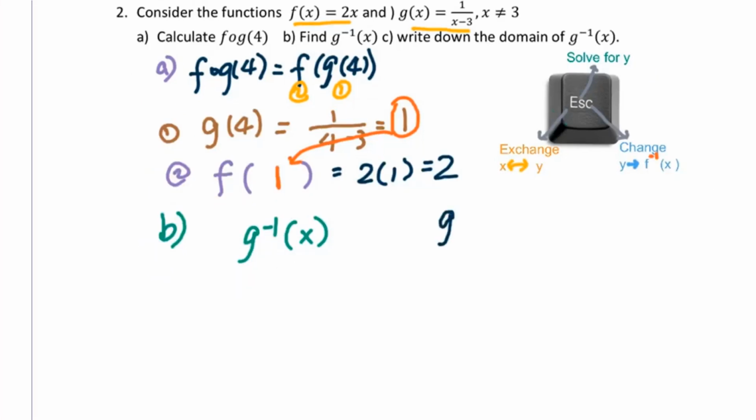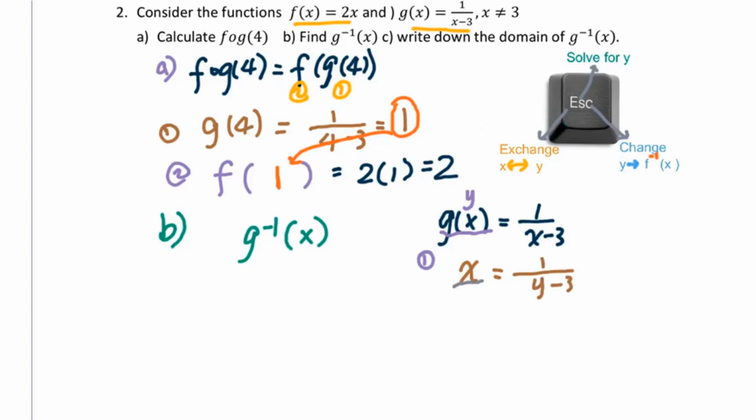Therefore, we have g of x equals 1 over x minus 3. First step, exchange x and y. g of x is y. I switch all x into y and all y into x. Therefore, I get x equals 1 over y minus 3.